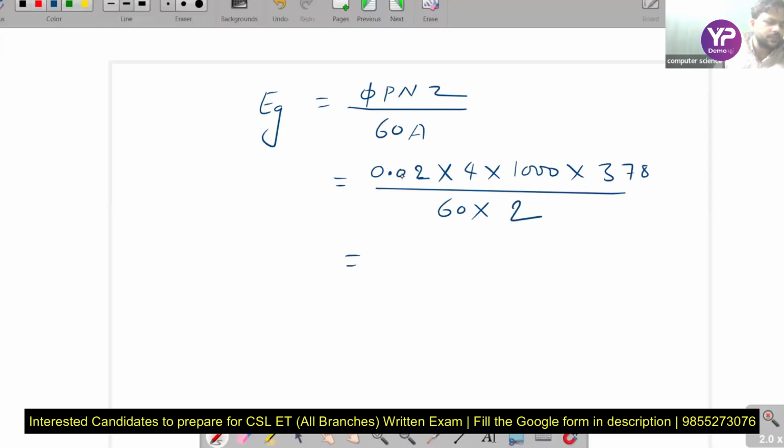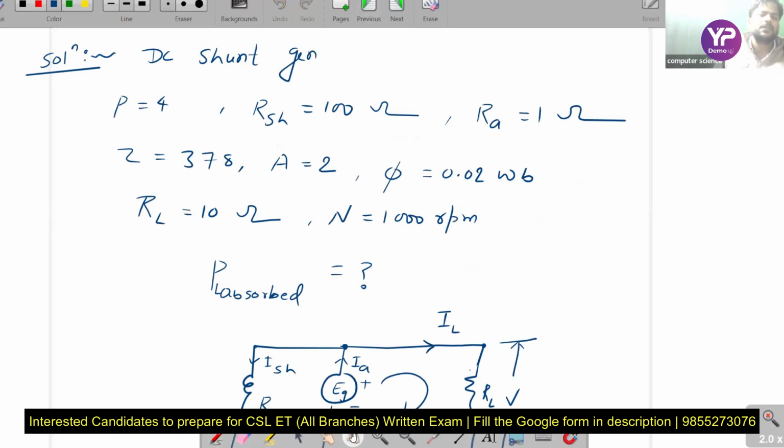If we simplify this, we get the value of generated EMF, and the generated EMF is 252 volt.